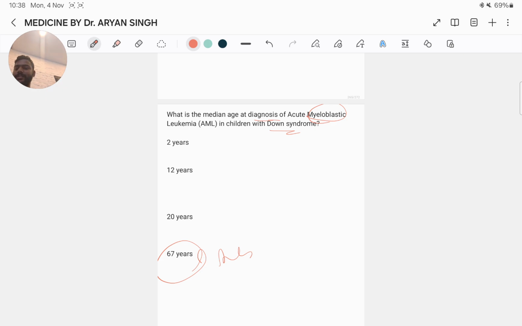However, the median age at diagnosis of AML in children with Down syndrome is much higher than in typical pediatric AML cases. Studies have shown that the median age of diagnosis is around 67 years, reflecting the fact that AML in this population tends to occur later in life.